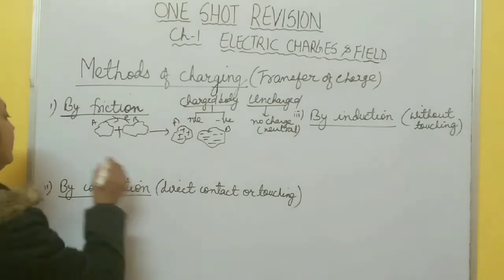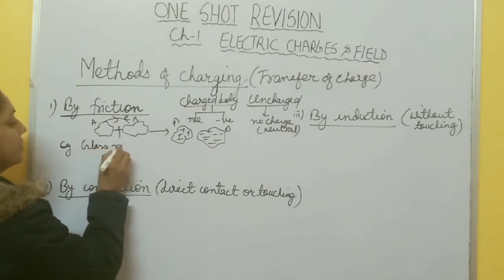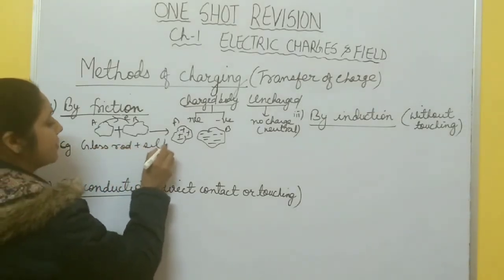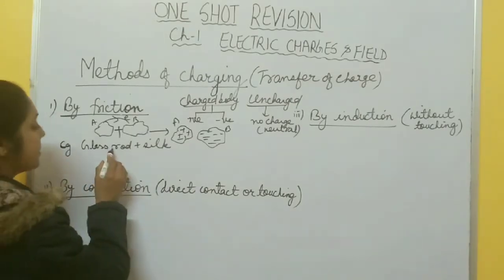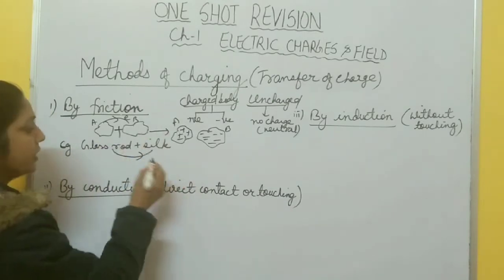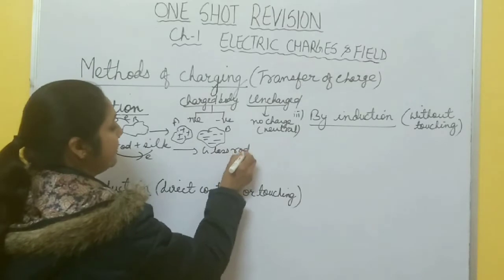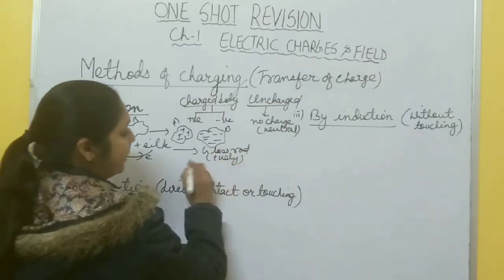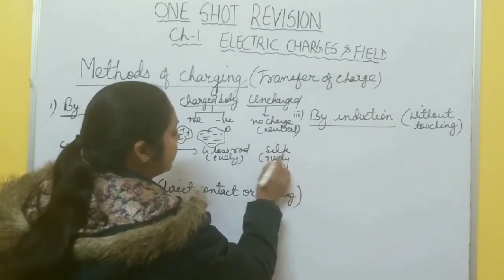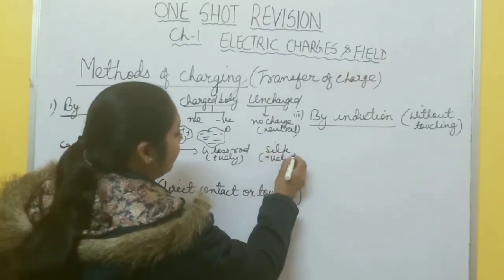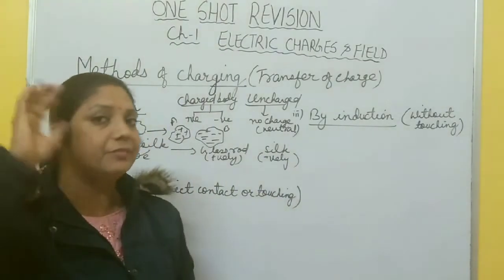One example: suppose a glass rod is rubbed with silk. Now what happens? By rubbing, heat is generated and electrons transfer from the glass rod to silk, and the glass rod becomes positively charged, right? And silk becomes negatively charged. Okay. There is another example, rubbing a comb on the head with hair.